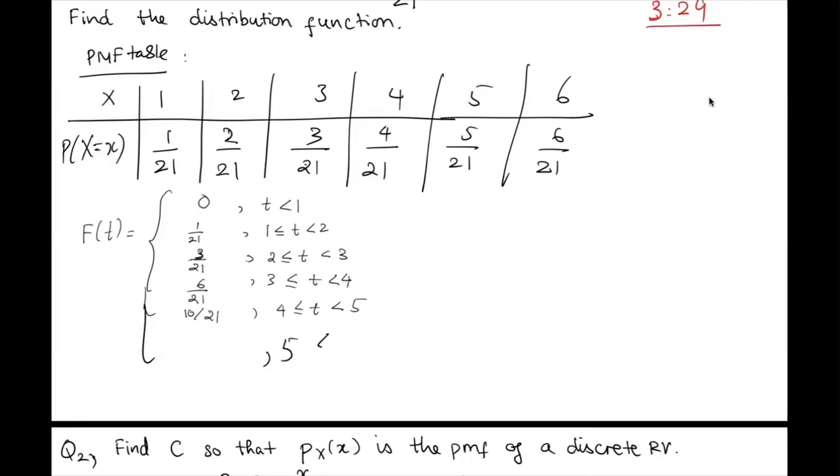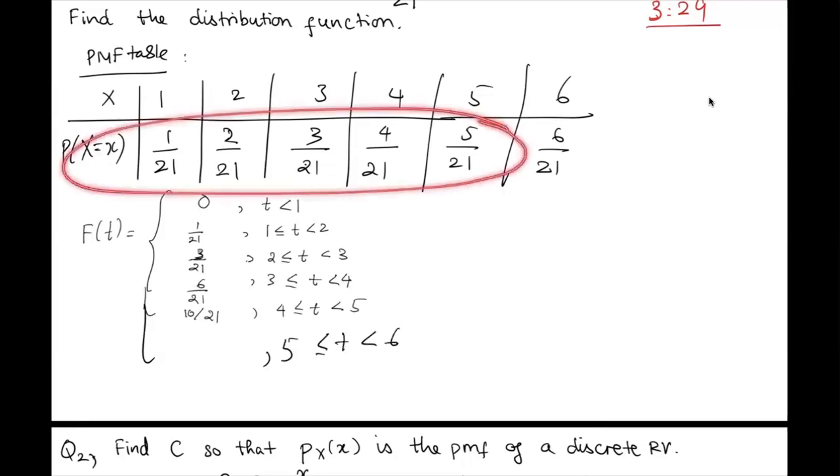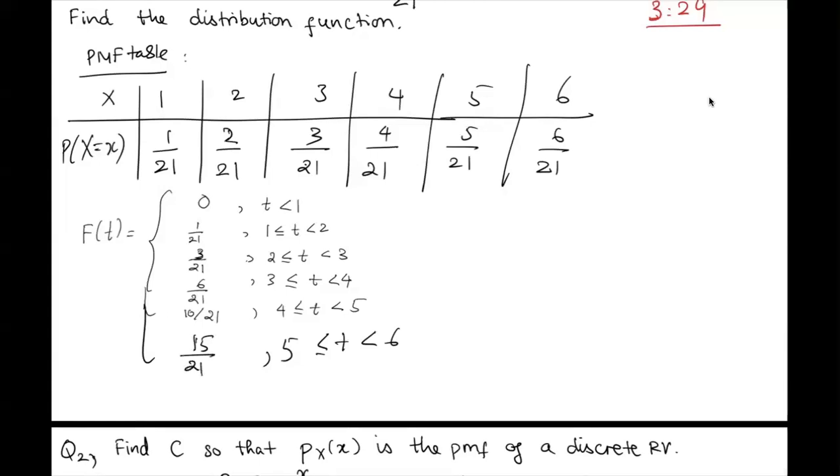Next one is between 5 and 6. We'll just add all these probabilities together, and we have 15 over 21. And then if t is at least 6, you will add all these probabilities together, and it should give you 1. So this is the distribution function that you need to find.